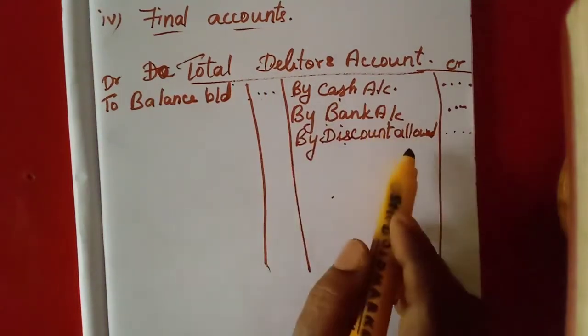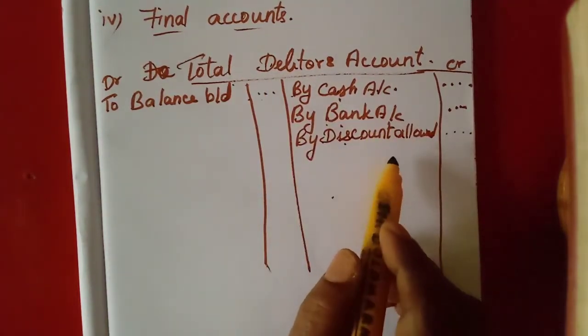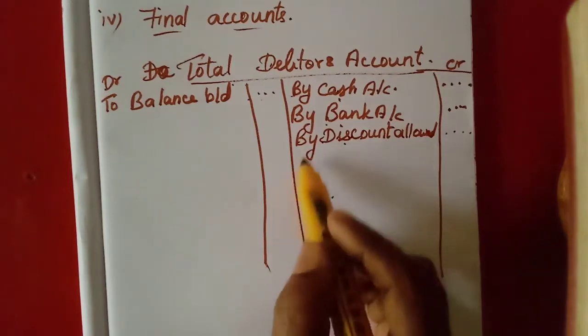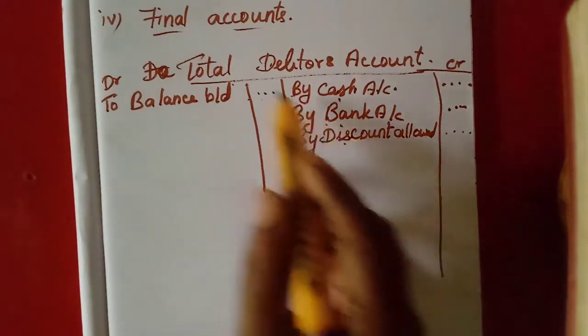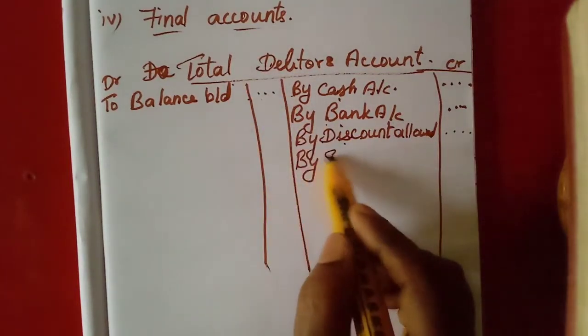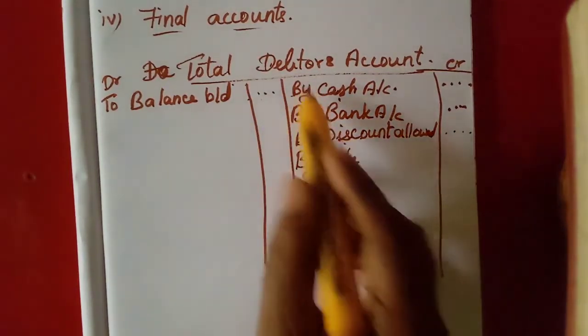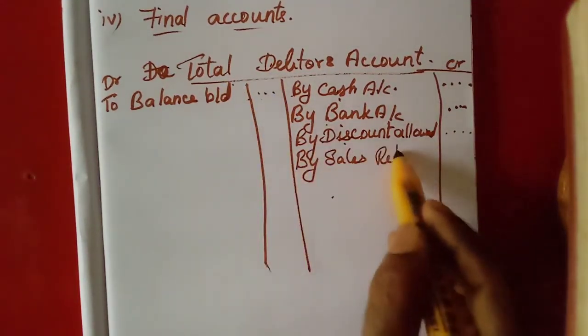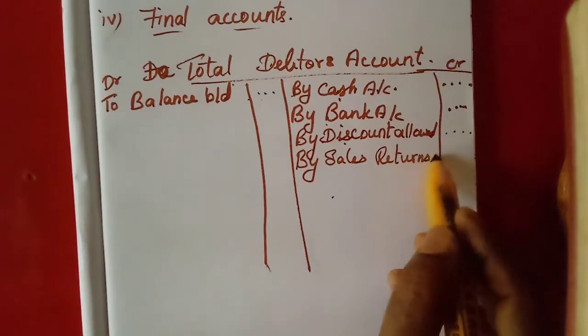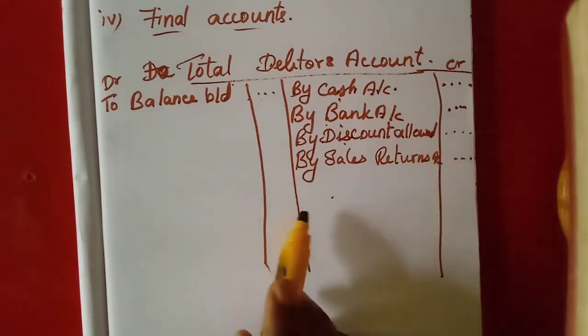Then if we have any sales returns, sales returns account debited, debtors account credited. So that also will be written on the credit side of the debtors account by sales returns account. You have understood now?